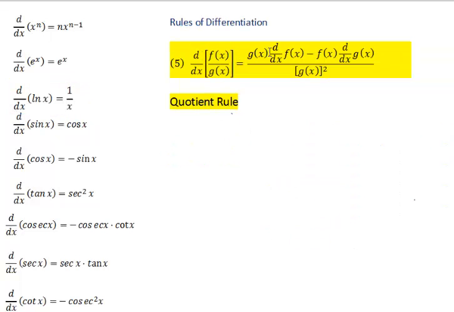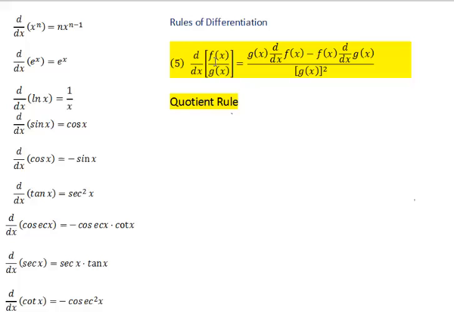The next rule of differentiation is known as the quotient rule. It says if a function appears as fx by gx, a division of two functions, then the differentiation of the entire function would be the denominator into differentiation of numerator minus numerator into differentiation of denominator, divided by denominator square.